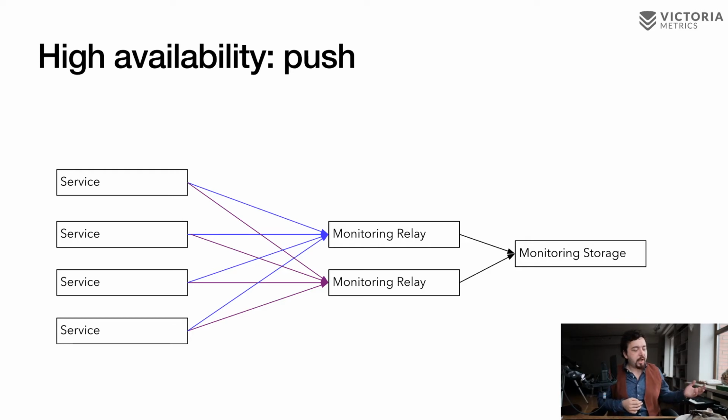Some of them use a hash ring, some of them use a different consistent hash mechanism, but the idea is that you can have multiple storage nodes, you can have multiple relay nodes, and everything works. And if some of them fail, it still works.